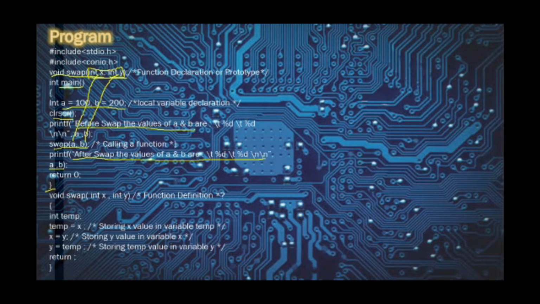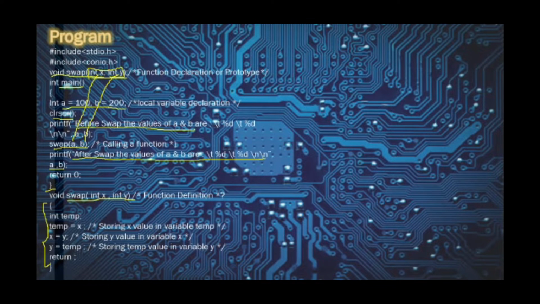So this is the end of the main program, and now let's see how the swap function is defined to perform the swapping task. This is the block to do the swapping.